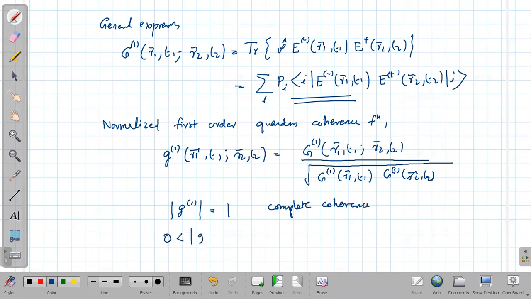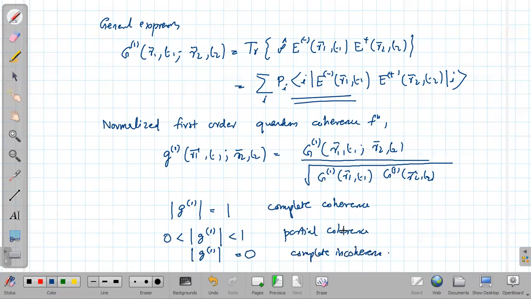If the magnitude is between 0 and 1, we have partial coherence. And if g1 is 0, then we have complete incoherence.